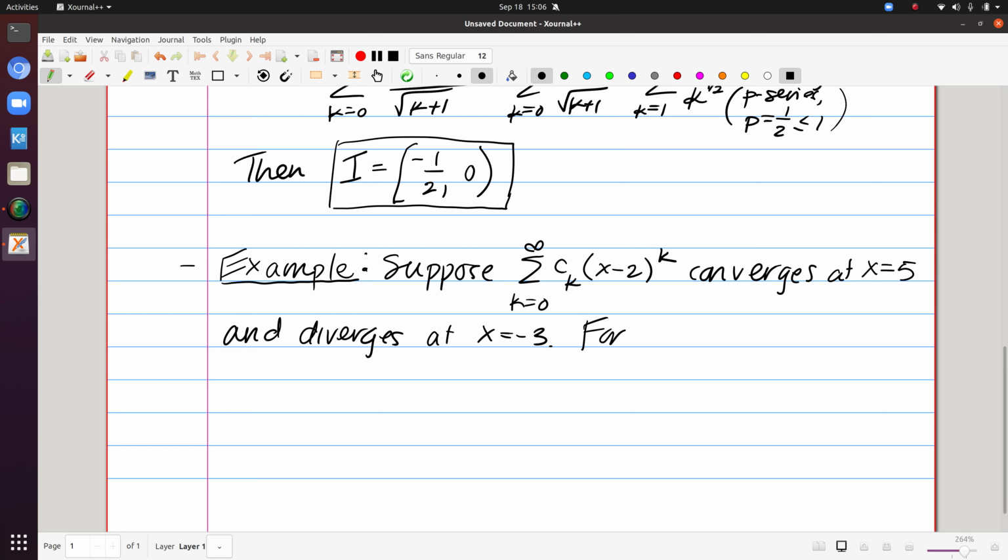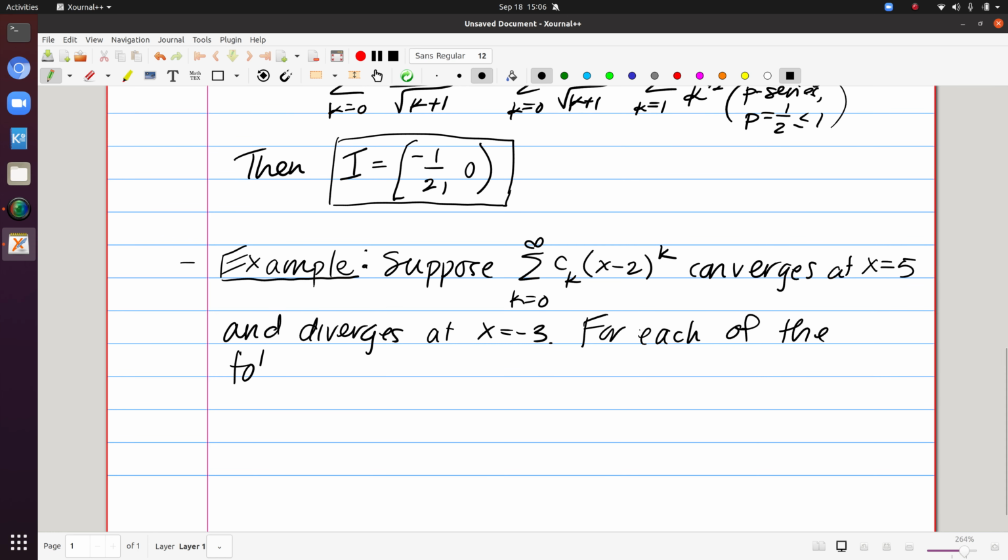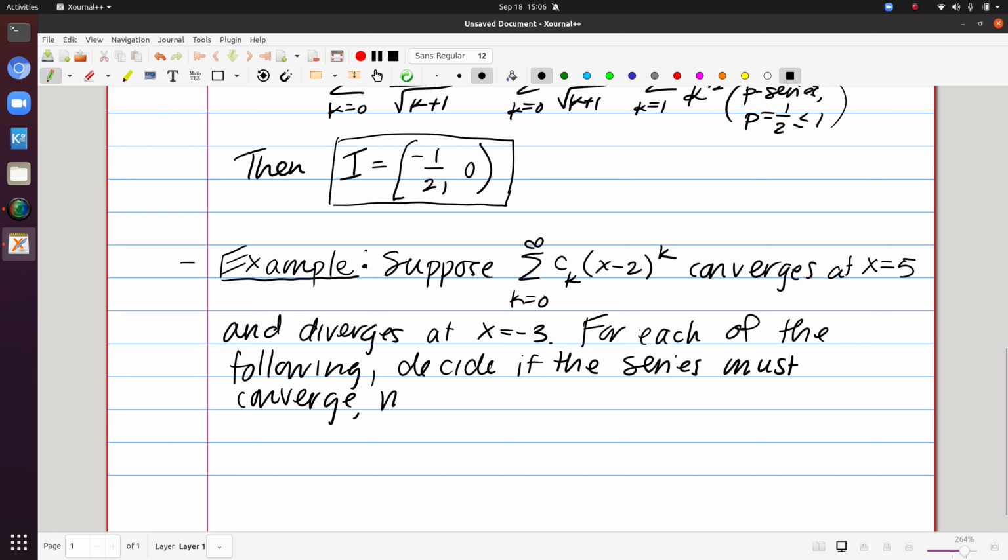With this limited information, we're going to be asked, for each of the following, to determine if the series must converge, must diverge, or that there is not enough information.